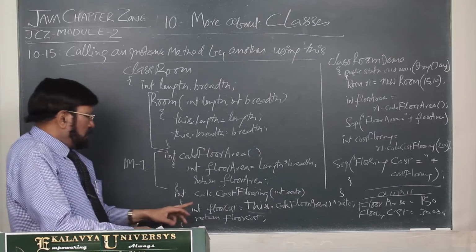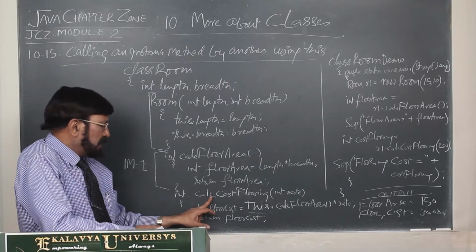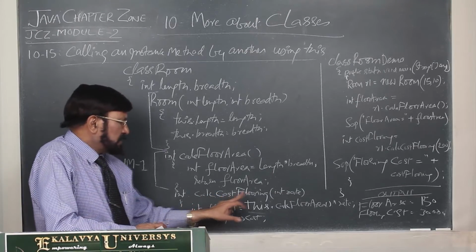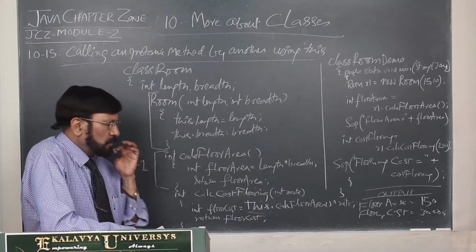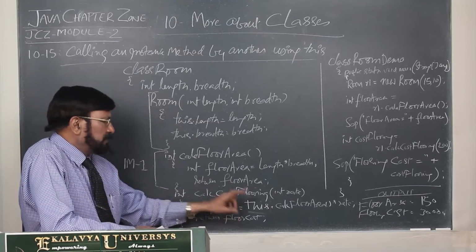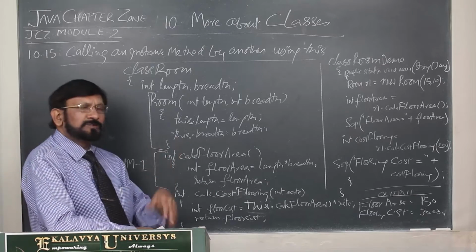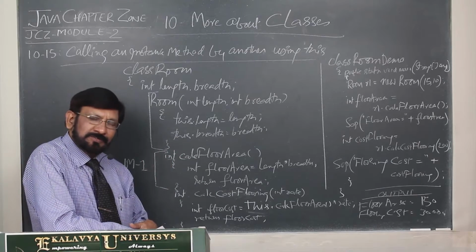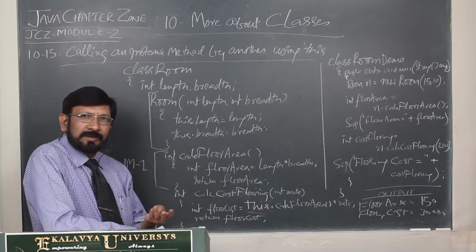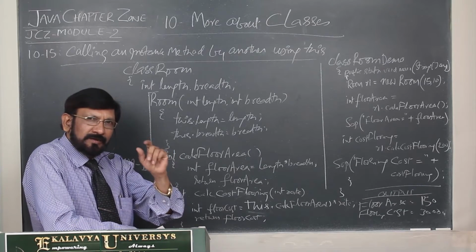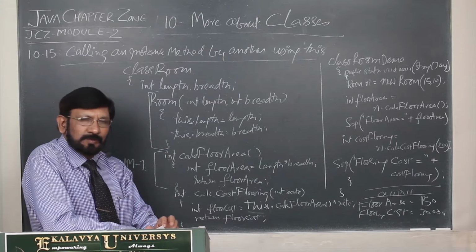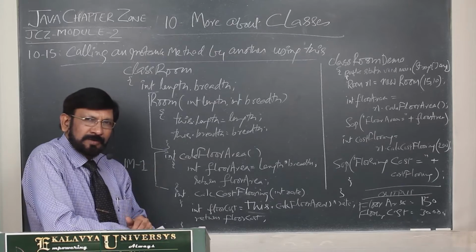Thereafter, we have defined another method, calculateCostOfFlooring. Cost of flooring means cost of flooring. For this purpose, which inputs are required? The first one is floor area. The second one is the rate per square feet. You must know, two inputs are to be given.